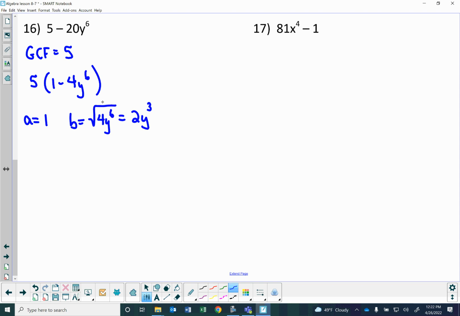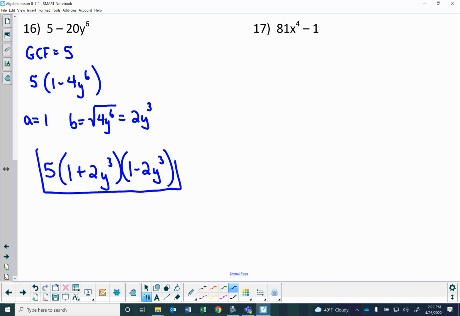The square root of 4 is 2, and y to the 6th divided by 2 is y to the 3rd. So I will have 1 plus 2y to the 3rd times 1 minus 2y to the 3rd. But don't forget we took out a greatest common factor, so we have to put that 5 back into this factorization. So there we go.